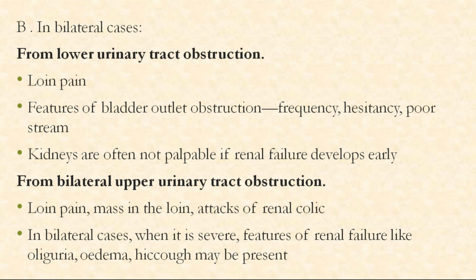If it is bilateral, the patient is severe and renal failure is likely to develop. The patient may go into the oliguria stage and later may develop weakness, cough and edema. Ultimately, it lands in the complications of renal failure. So bilateral hydronephrosis is very dangerous. You should take care of it immediately.